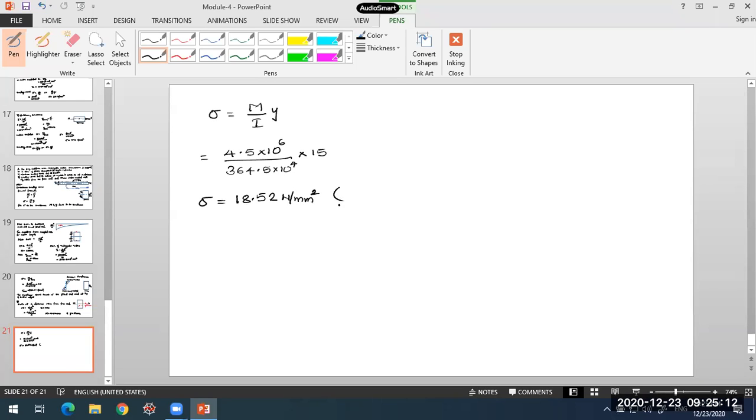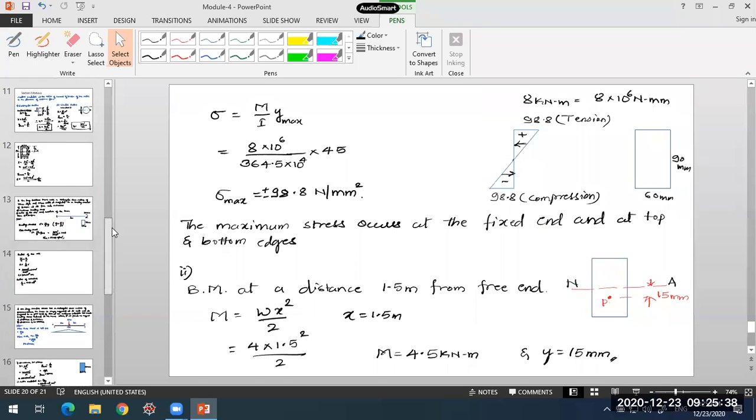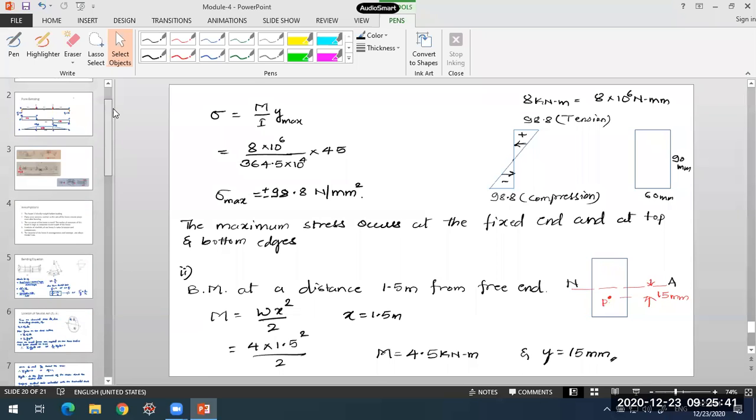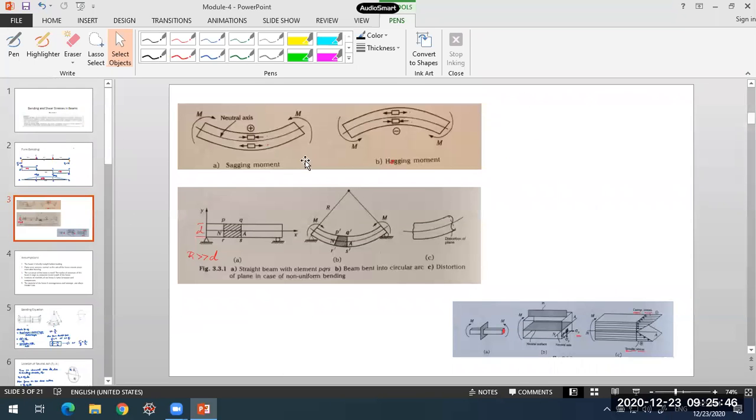What should be the nature of the stress? Whether it will be plus or minus, whether it will be tension or compression. The point is below the neutral axis. In case of hogging moment, all the fibers below the neutral axis are experiencing compression. In case of sagging moment, the fibers below the neutral axis will be in tension. I showed one of the bending natures in the beginning, so you need to remember from that whether the bending stress will be in tension or compression.